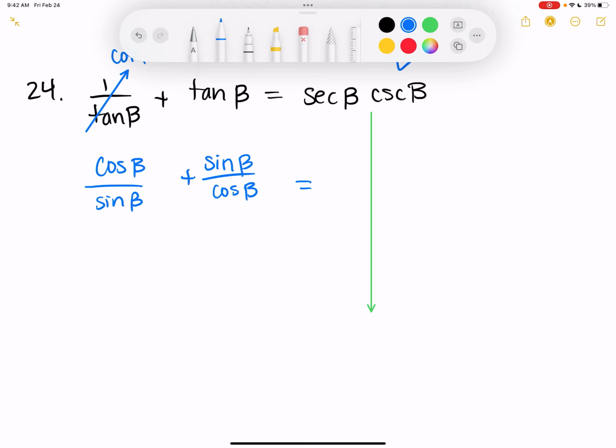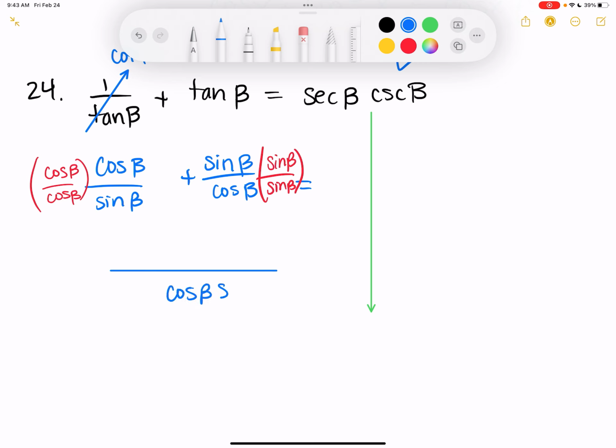You know what I'm saying? So I'm going to multiply that side by cosine over cosine, and the other one by sine over sine. So we get cosine squared beta plus sine squared beta.